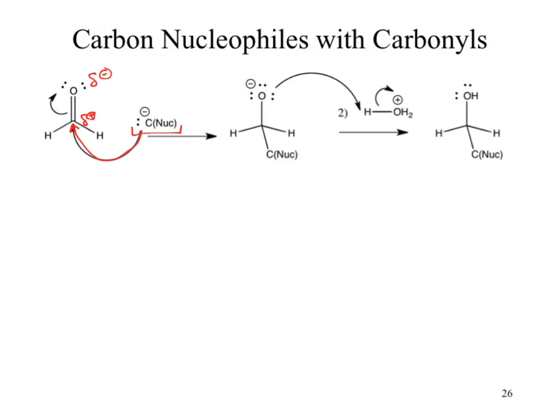Could we have changed and gotten a secondary alcohol? How could we have done that? What would we change on our product to make it a secondary alcohol? One of the H's for an R group.